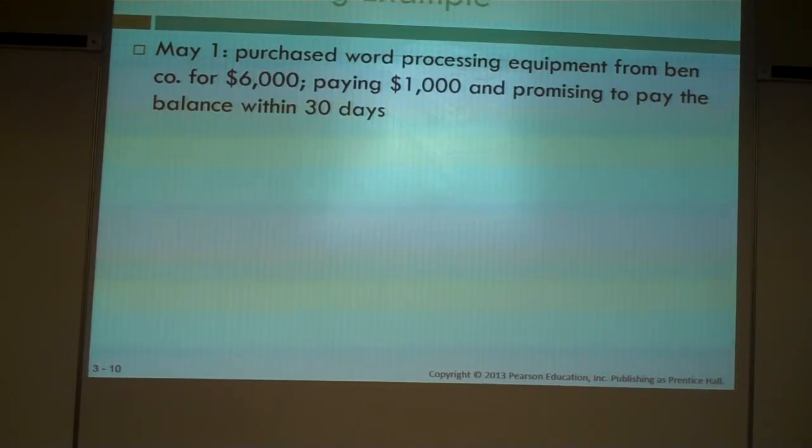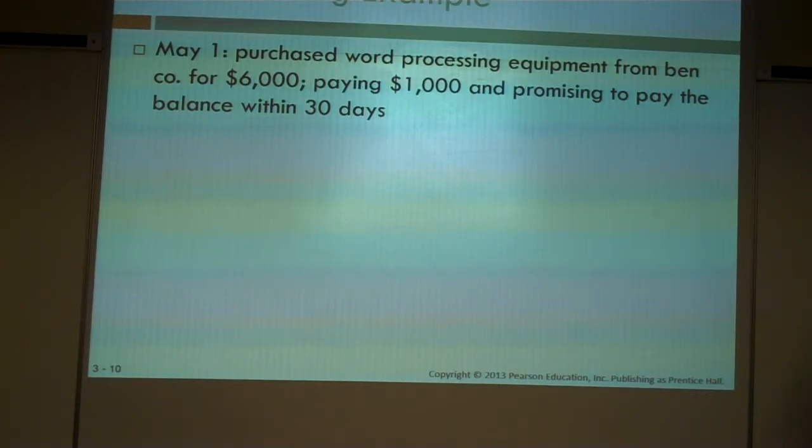Equipment goes up. It's word processing equipment, that's probably from our chart of accounts. Word processing equipment went up, cash goes down. And how much was the cash? $1,000. And then we're making a promise to pay, so it's accounts payable for how much? 5,000.